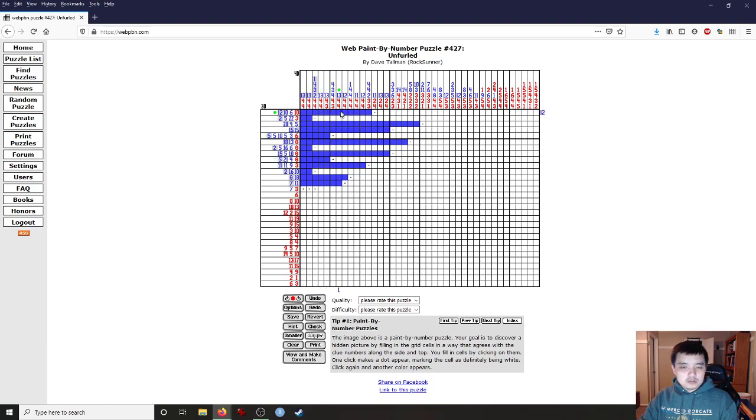So now, it's easiest, in my opinion, to start from the edges. So we're going to now take advantage of the information we have here in the top left.